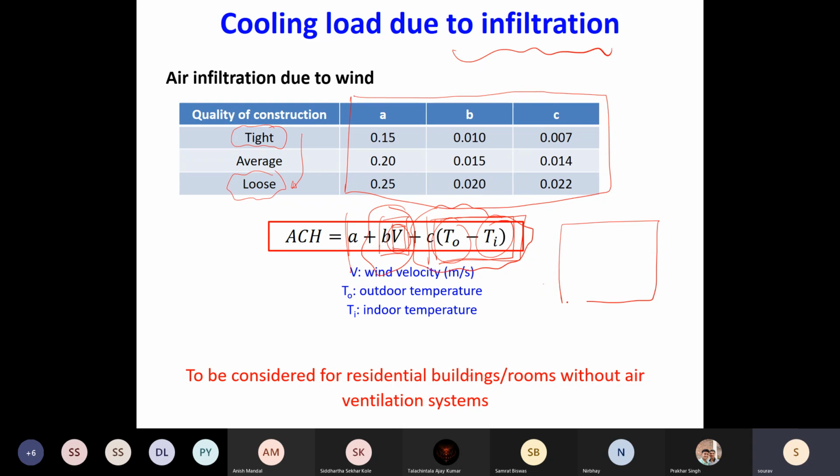If this is your room, let's say this is a window and, very simply, this is a door. Let's say inside temperature is 20 degrees, outside temperature is 40 degrees. So what will happen? Flow of air from inside to outside.